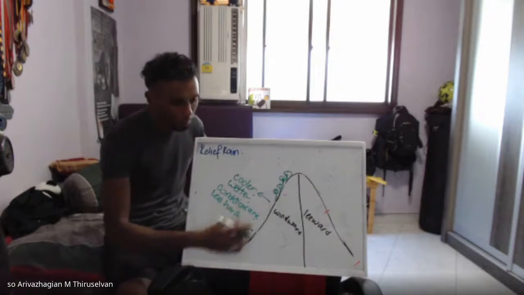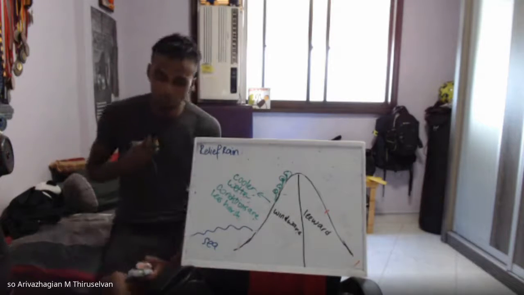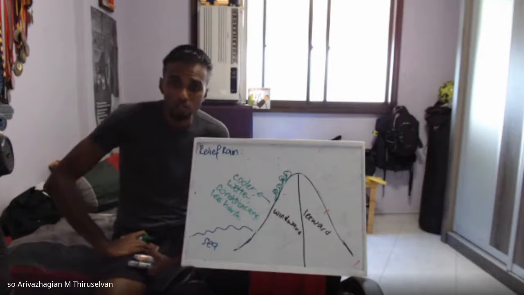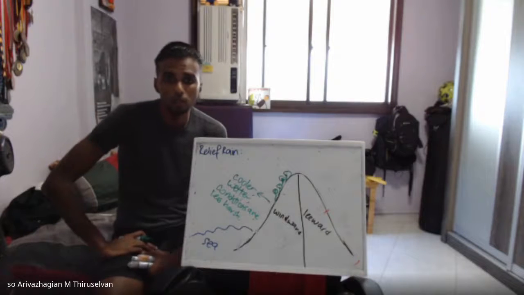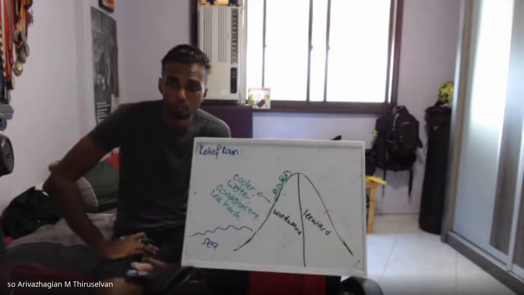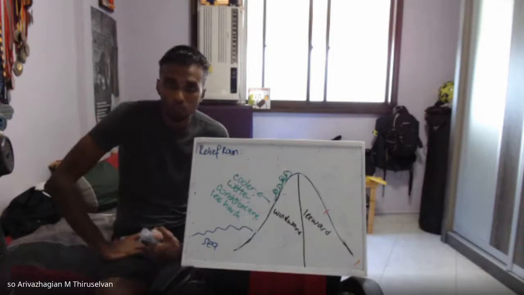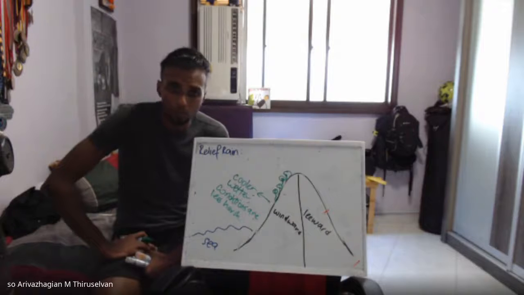So people living in this area will experience a better condition in terms of living. There will be trees, their plantations can work out because there's rainfall coming in. They can have agriculture, etc. So it's not too bad of a condition.